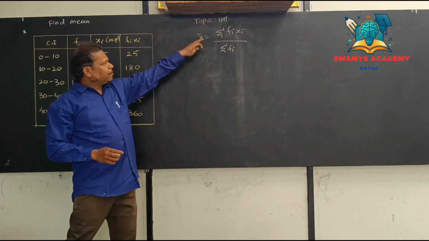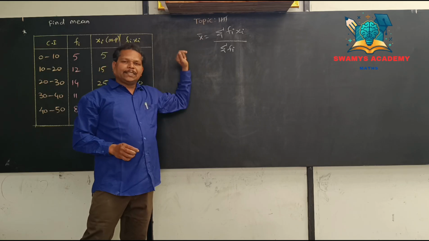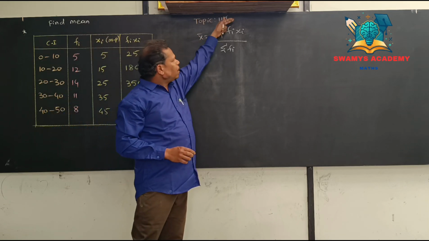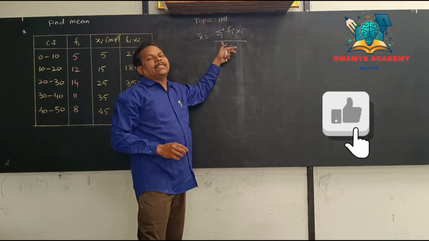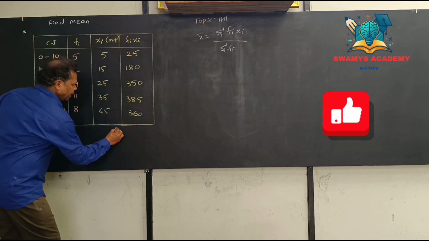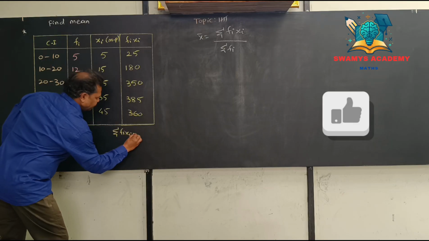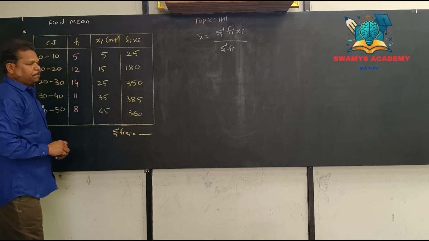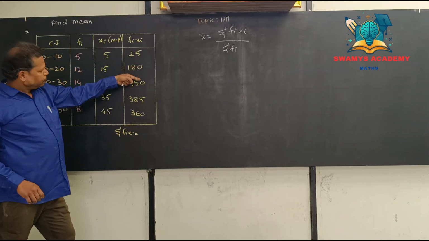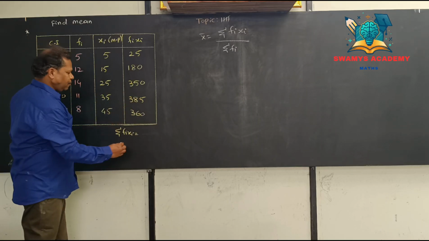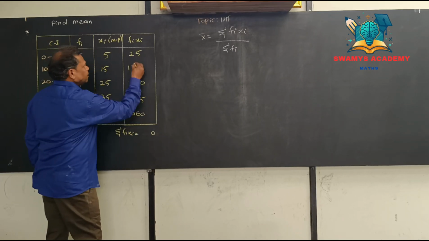And what do we need to find out? Sigma. Sigma means summation, the sum of all the fi xi. After that, addition: 5 plus 0, 5. 5 plus 5, 10. 0, 1 carry.